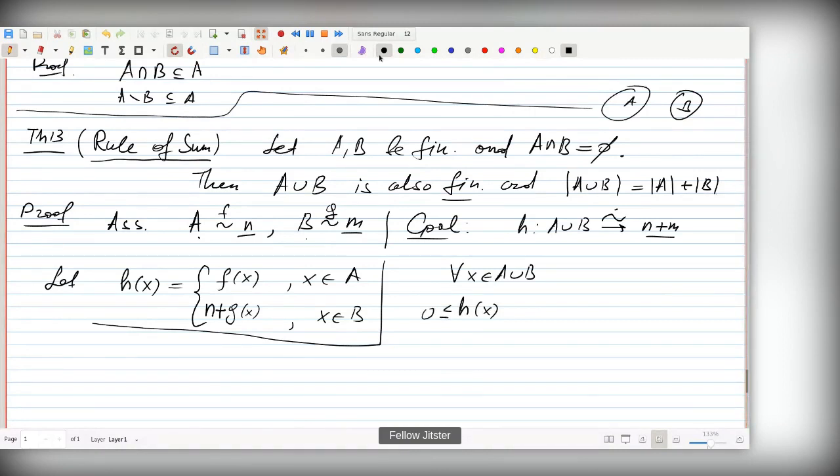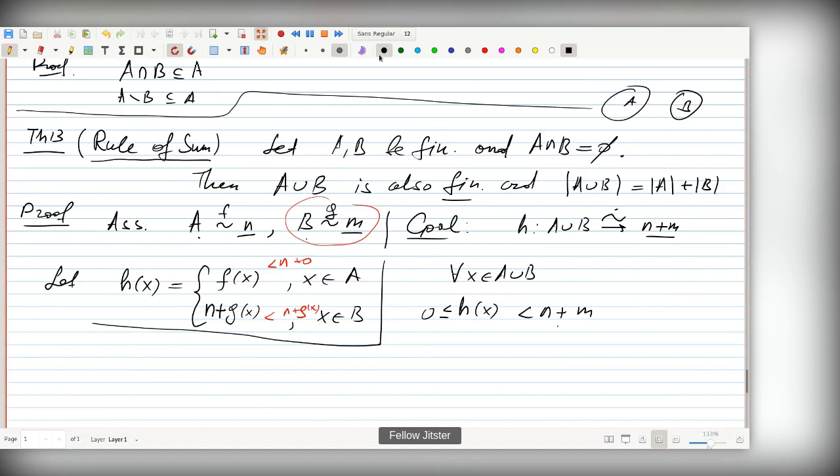Its values are natural numbers after all, and it is always less than n plus m, because this value is less than n, that is plus 0, and this value is less than n plus g of x, while g of x is always less than m.